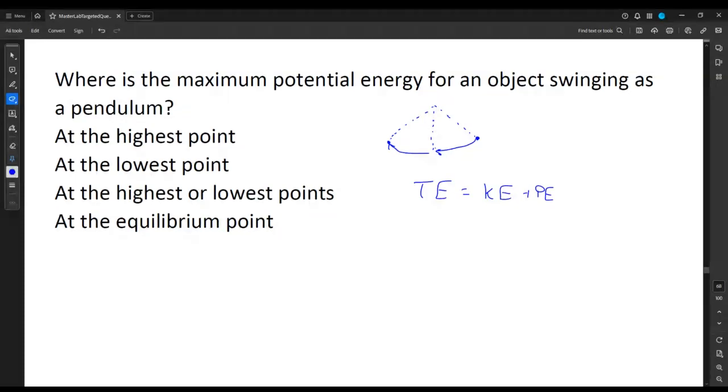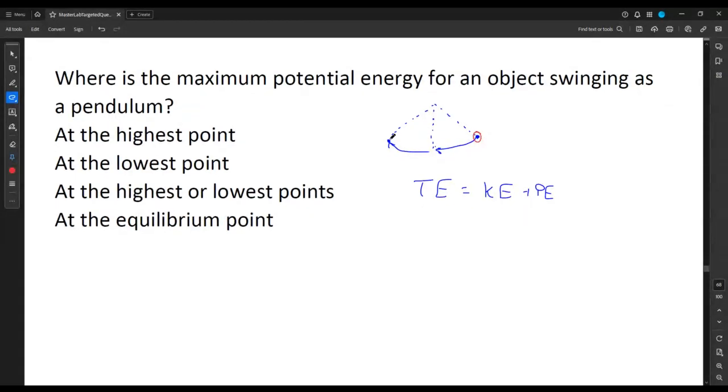Okay, so what we've got then is maximum potential is going to be either here or here. Okay, so let's see if we can figure out why that makes sense. I'm saying that we have maximum potential whenever we have minimum kinetic energy.